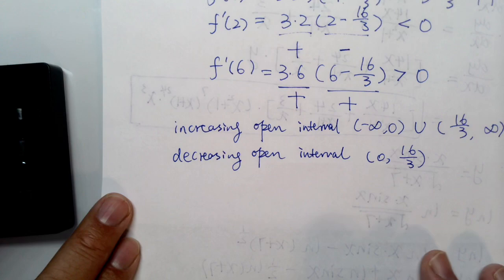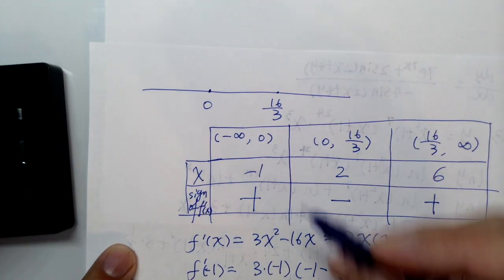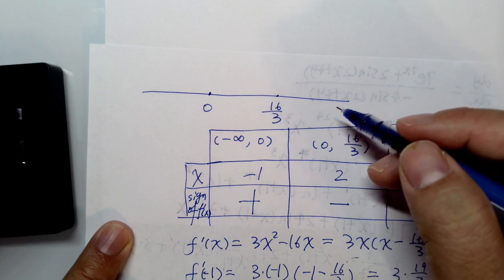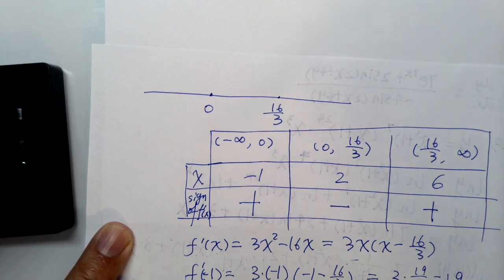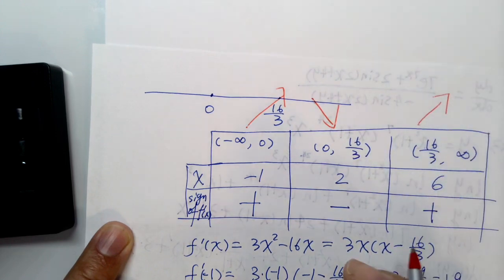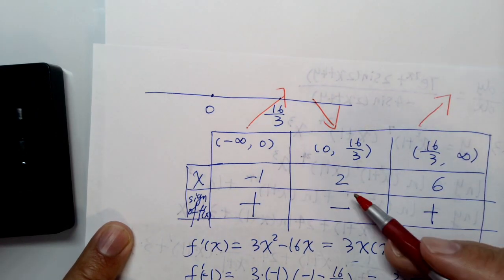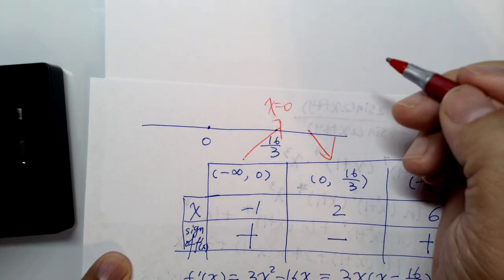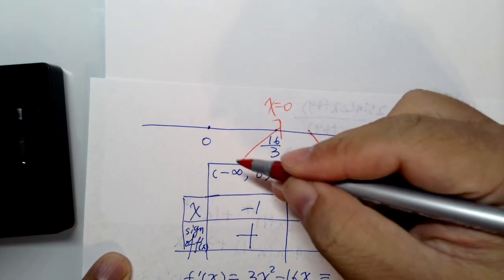Okay. And also, you see you have increasing, decreasing, and then increasing. Based on the first derivative test, at x equals 0 you have a local maximum, right?